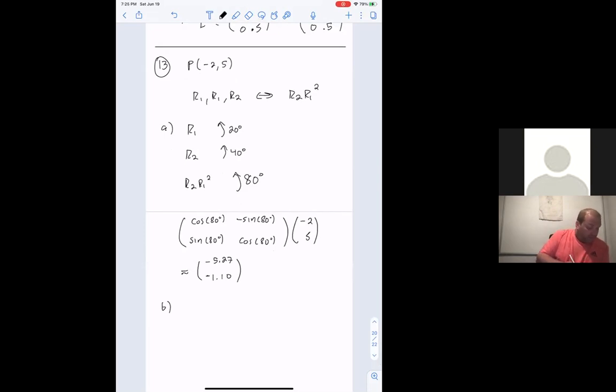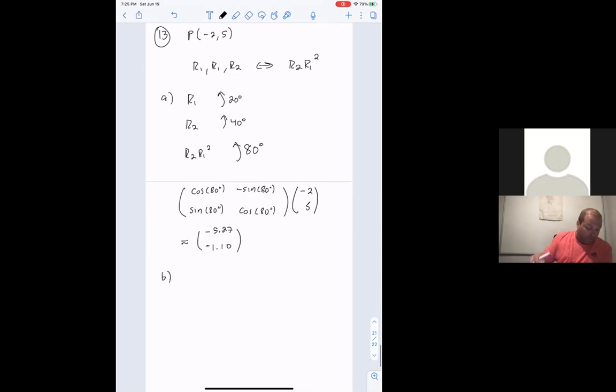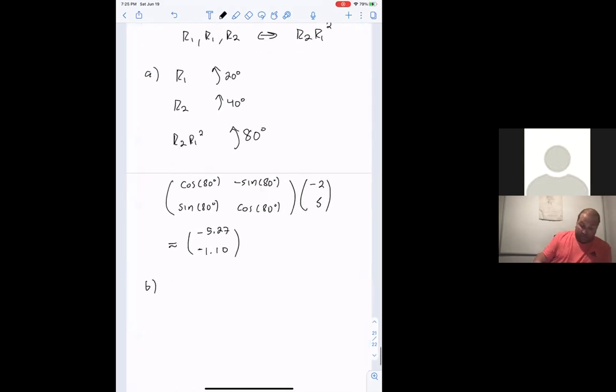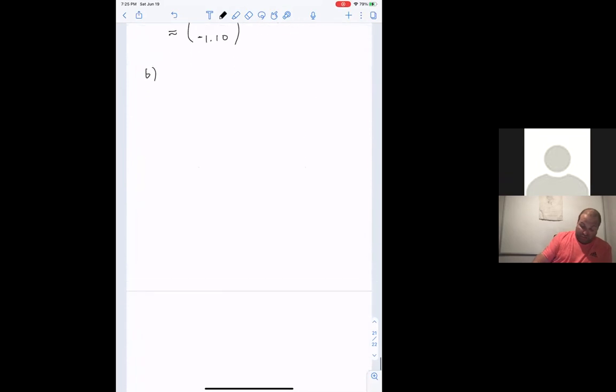B. Show that, okay, so this one is not challenging, but it is impossible if you don't know your trigonometric identities. It says, show that the following holds.